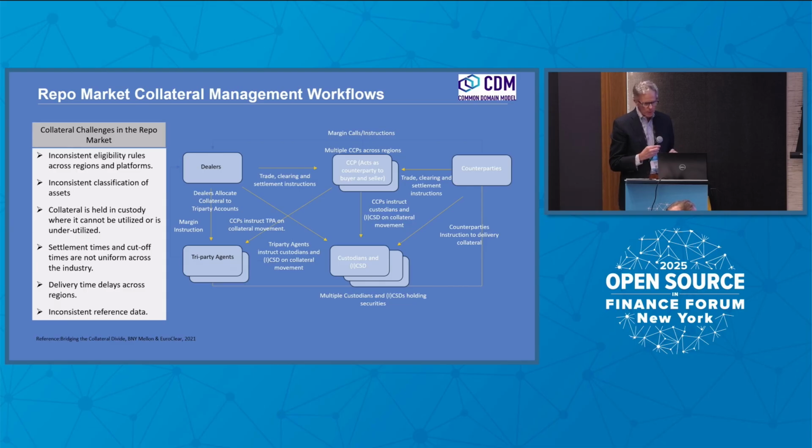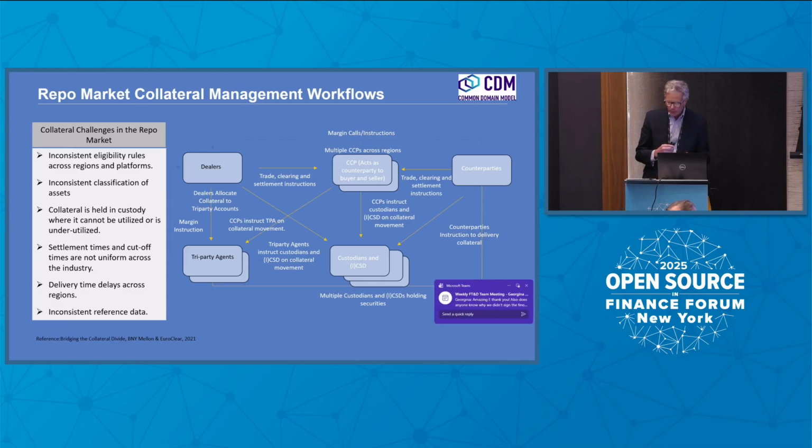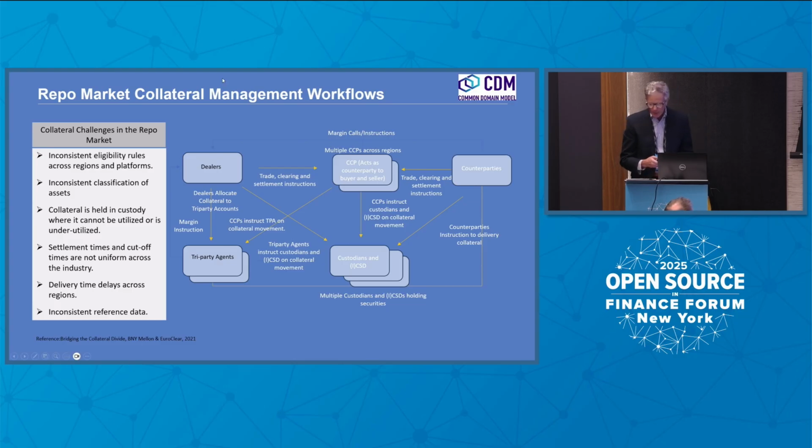Many of the reasons for failing to deliver are inconsistent eligibility rules, and this is what Vernon was referring to, and inconsistent classifications of assets. You would think the same asset could easily be identified and known, but the classifications can be quite different for the same security.